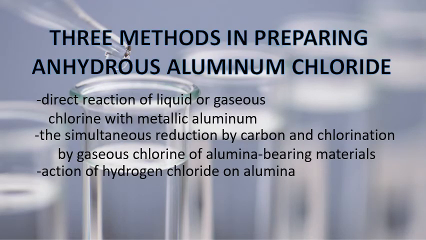There are three methods in preparing anhydrous aluminum chloride. First is direct reaction of liquid or gaseous chlorine with metallic aluminum. Second is the simultaneous reduction by carbon and chlorination by gaseous chlorine of alumina-bearing materials. And lastly is the action of hydrogen chloride on alumina.